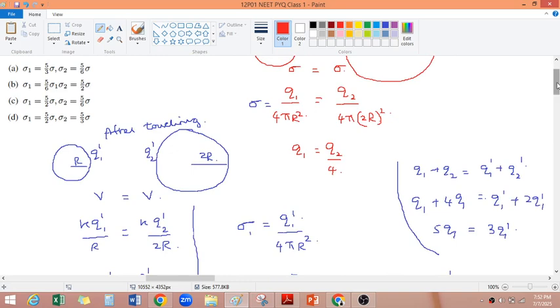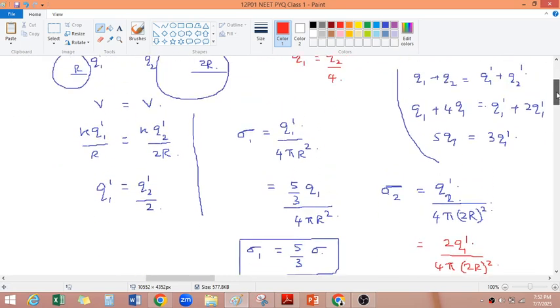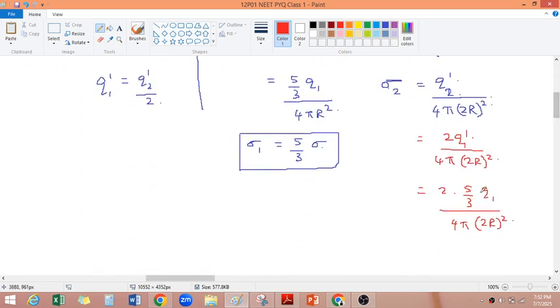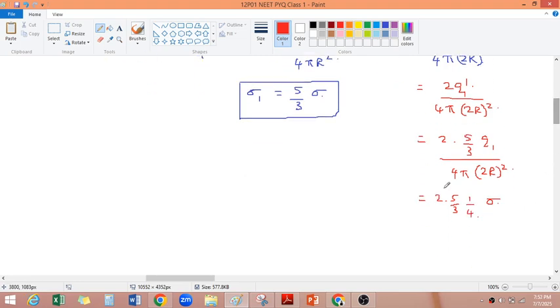You could have written in terms of q2 also, nothing wrong in it. So q1 by 4 pi r squared is sigma. All the other remaining numbers you have to write properly. So 2 into 5 by 3 into 4 will be in the bottom. So 2 and 4 cancel, and I'll be getting 5 by 6 sigma.